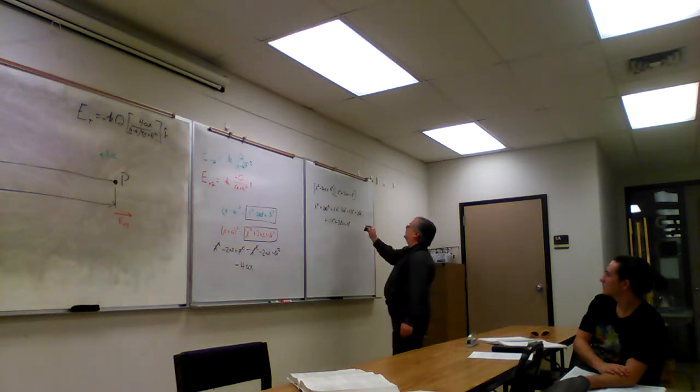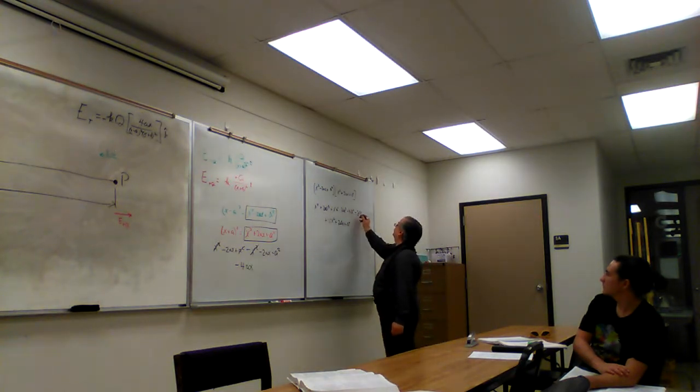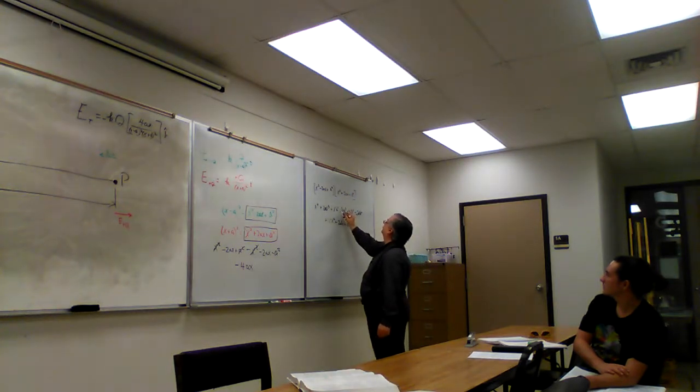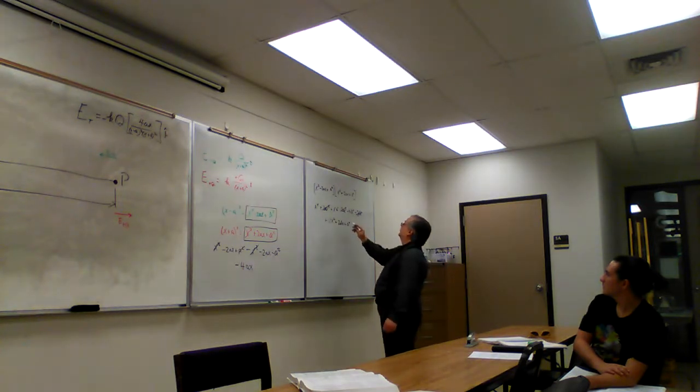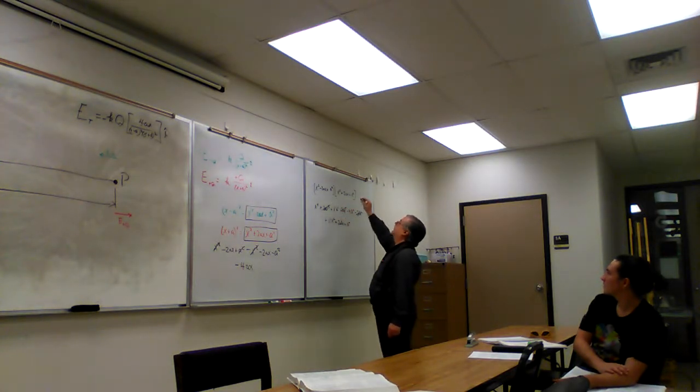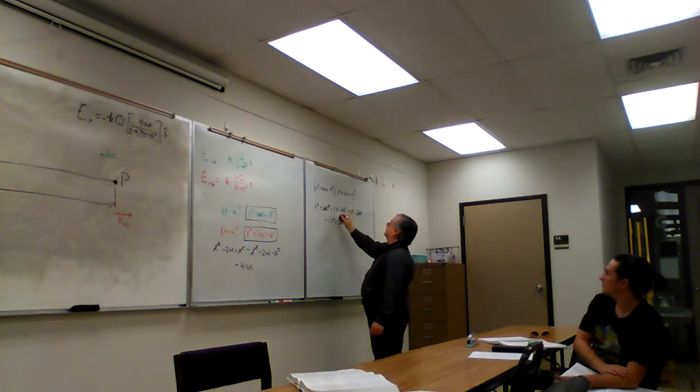Okay, here's plus 2a cubed x minus 2a cubed x minus 2ax cubed plus 2ax cubed plus x squared a squared. Where did that come in? x squared times that a squared. Yeah, and here it matches up here.